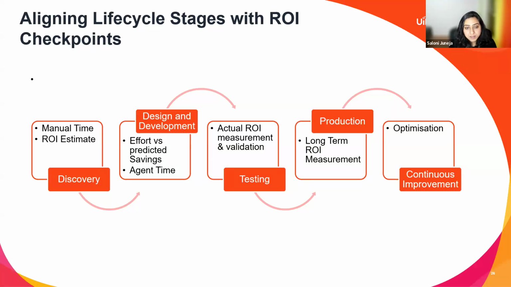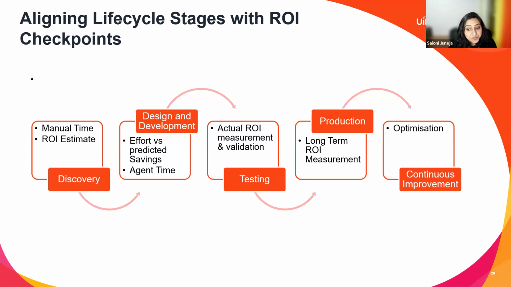So it will be monthly, you can do it quarterly. And if these agents are used even for longer periods, like annually, you keep on tracking that, because that's important to also do continuous improvement, which is something most of the companies miss, that you have to also go back and optimize certain ROIs that you have already measured.